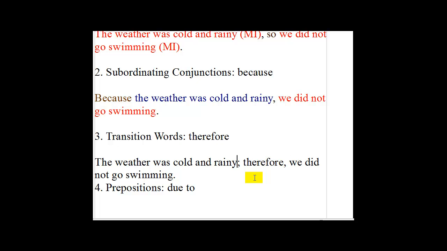That's also correct. However, you can't put the comma after rainy. That ends up being what's called a comma splice, because you can't join two independent clauses with a comma, right?